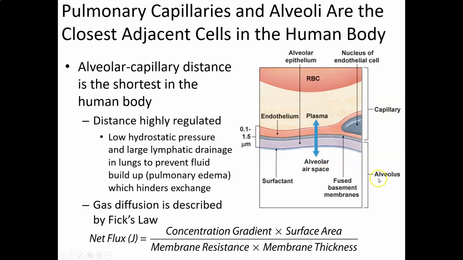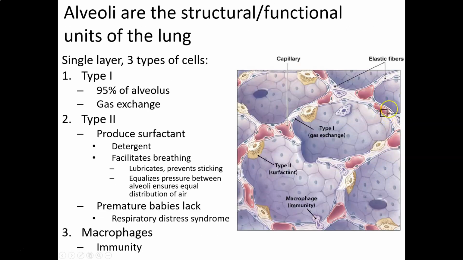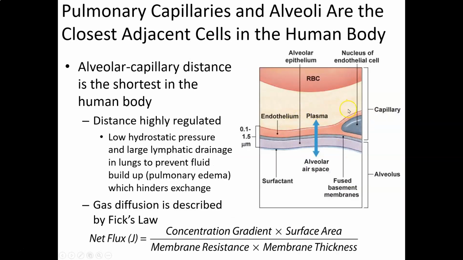Now, if we look here, this little square, we're going to blow it up. This is called the respiratory membrane. We're going to look at this respiratory membrane. And what's interesting in the lungs, the pulmonary capillaries and the alveoli are the closest adjacent cells in the human body under normal circumstances.